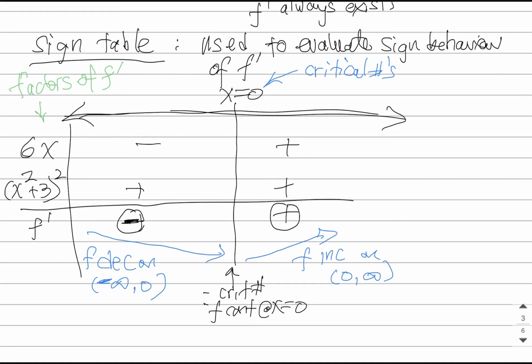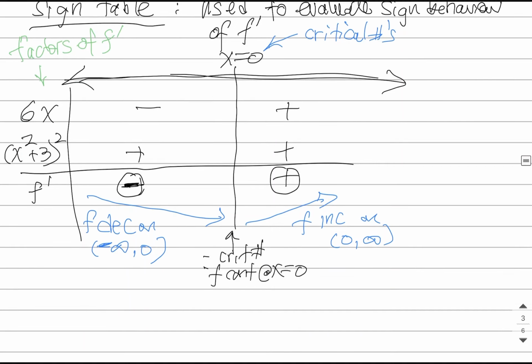So you've got a function. You don't really know what its picture looks like, but what you figured out is that everywhere up to 0, the function is decreasing, and everywhere after 0, the function is increasing. So what that tells you is that by the first derivative test, we have a local minimum at x equals 0.